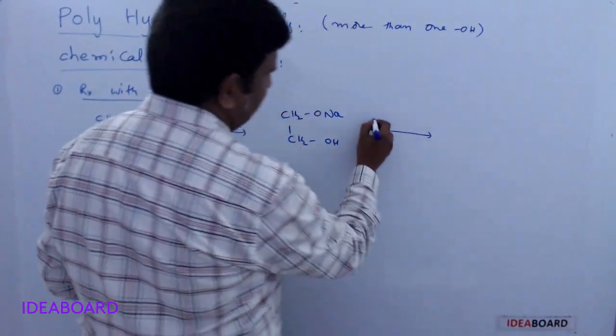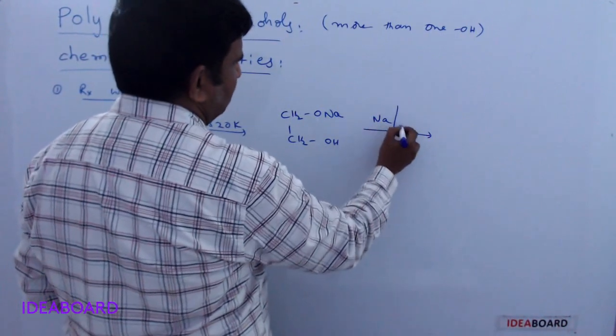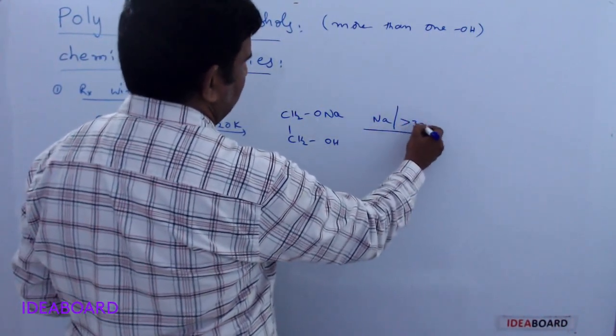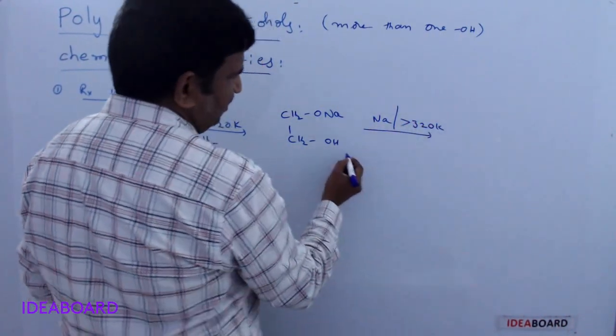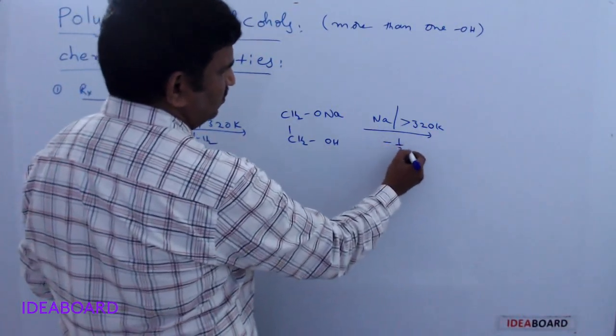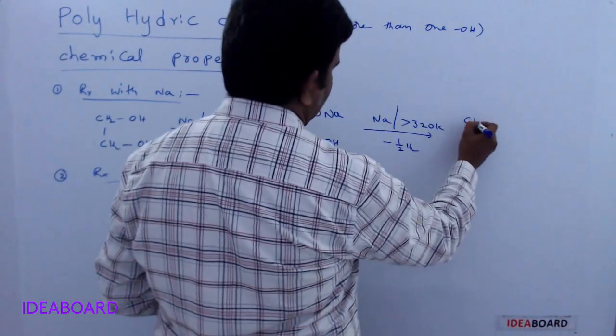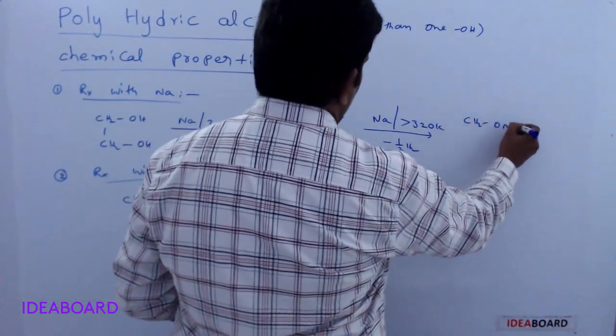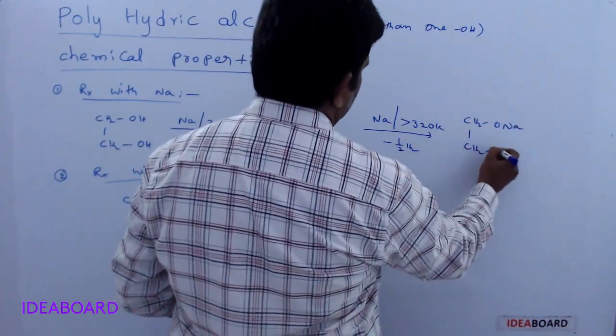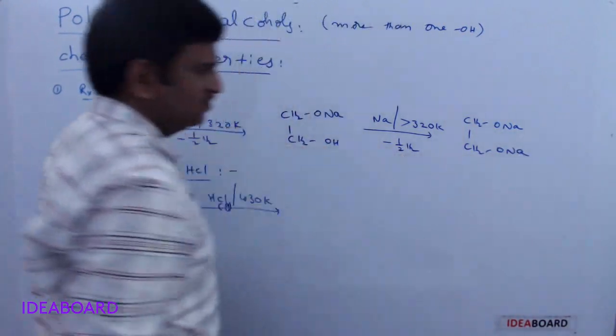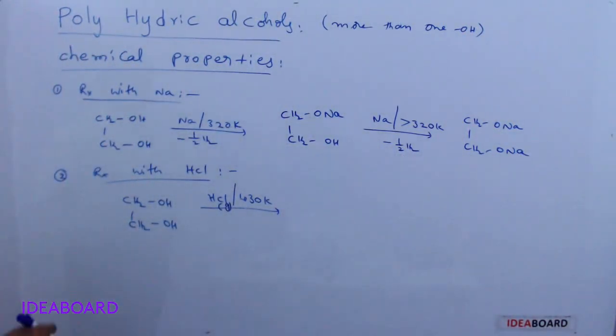Reacting again with sodium at more than 320 Kelvin, this hydrogen is also removed, and we get CH2ONa and CH2ONa, that is, sodium glycolate is formed.